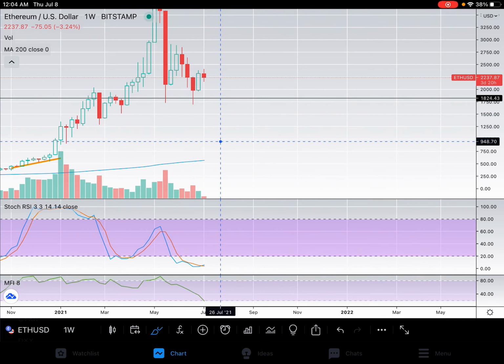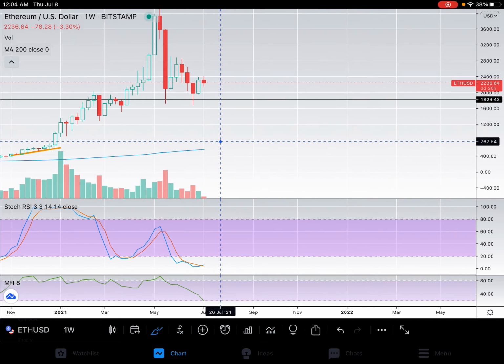And I think that with the Ethereum updates of EIP 1559, which basically makes Ethereum a deflationary crypto, I think that's launching in late July or early August.